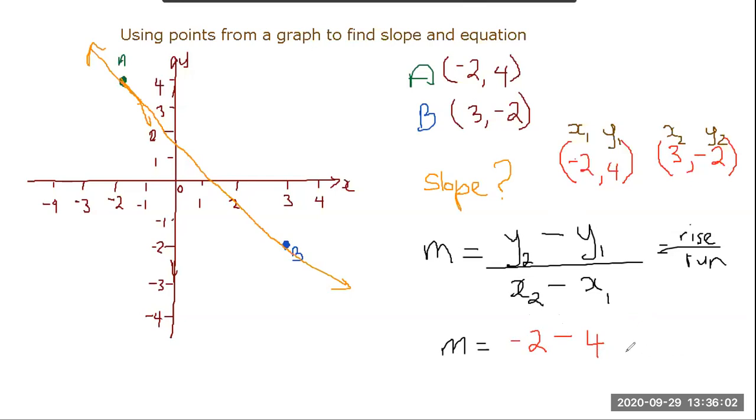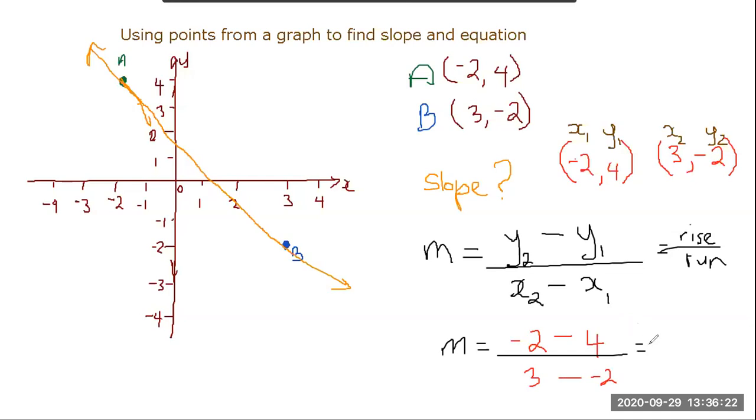All I'm doing is just putting in the points. X2 is 3, minus whatever X1 is. X1 is -2. So it's minus -2. I have to put that negative in, all right?